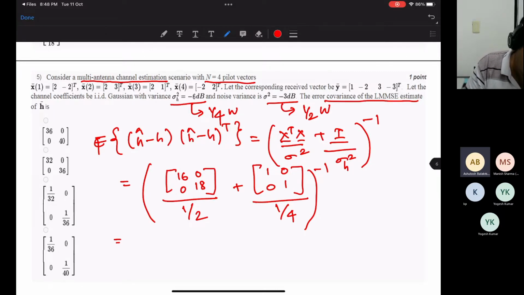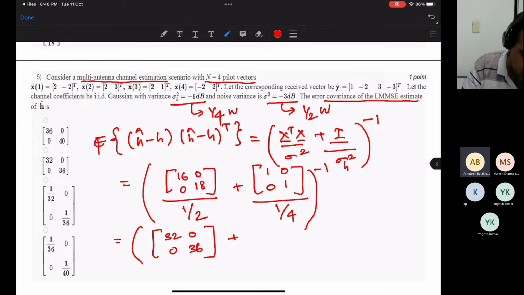Let's solve this. The 2 gets multiplied inside, so this will be 32,0,0,36, plus, similarly the 4 gets multiplied, so you have 4,0,0,4, and the inverse of this.